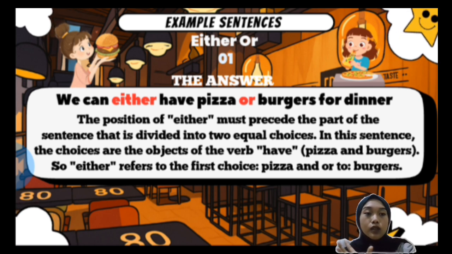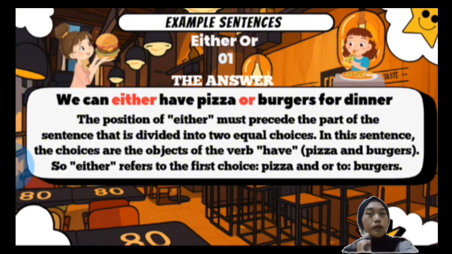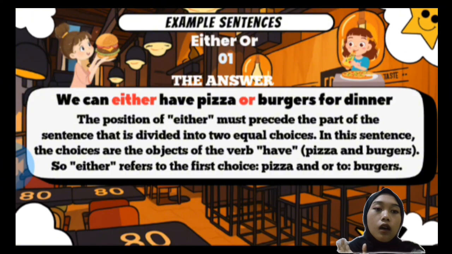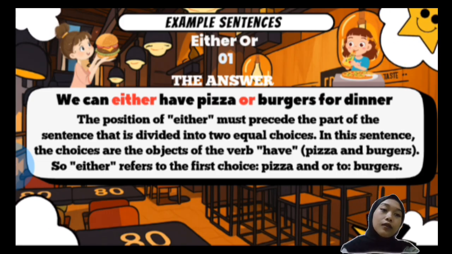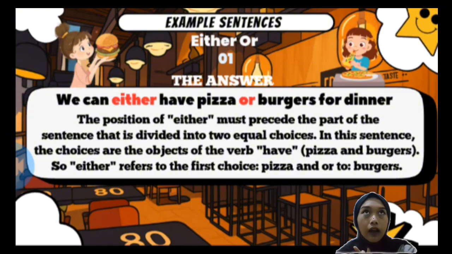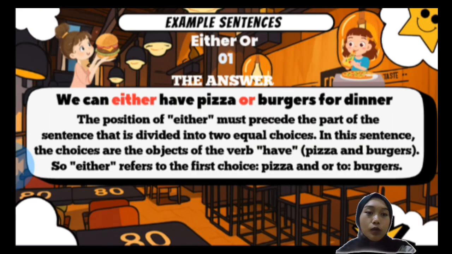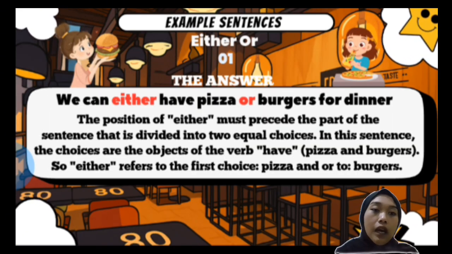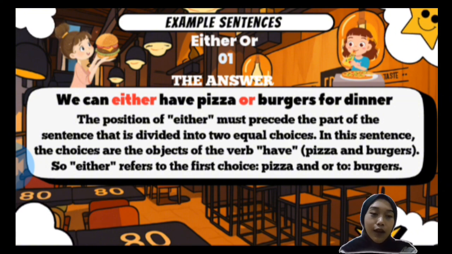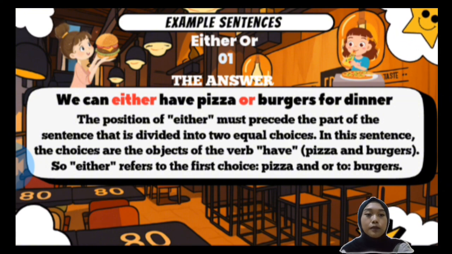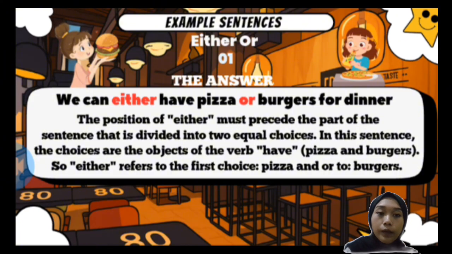The sentence is correctly paraphrased because either comes before the part of the sentence being divided, with the plural verb and the objects either have pizza or burger. This paraphrase clarifies that the sentence offers two types of food, not a single dish, pizza burger.